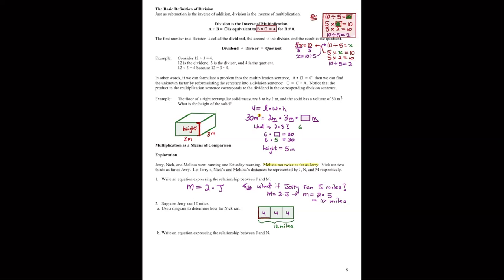So I'll get another box going here to represent the 2/3. Right. So just by looking at it, I would say, well, we know that we're going to have a total of 8 miles for Nick. So Nick ran 8 miles.